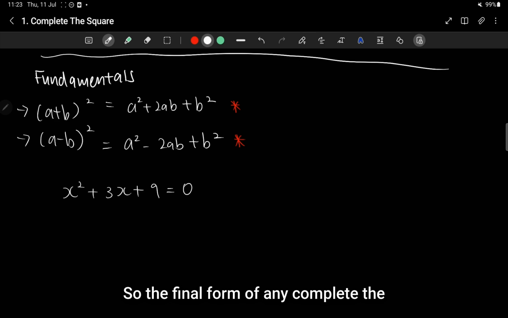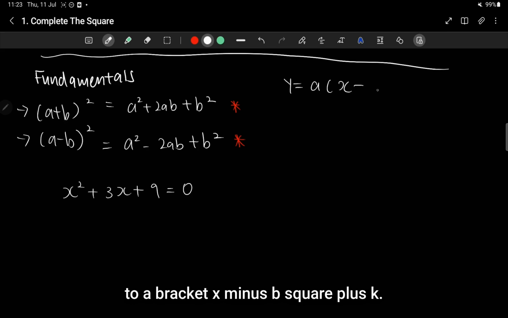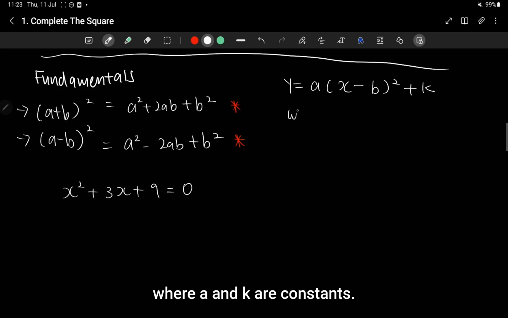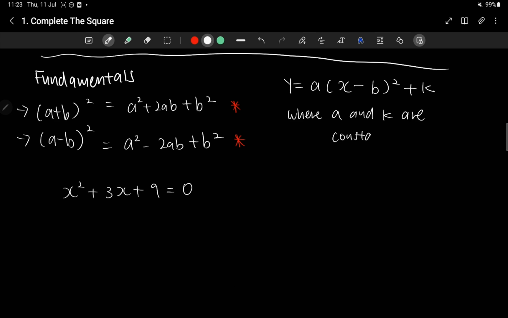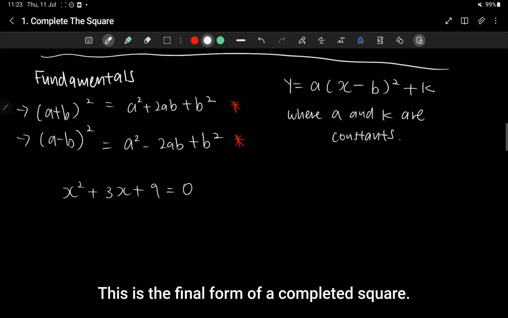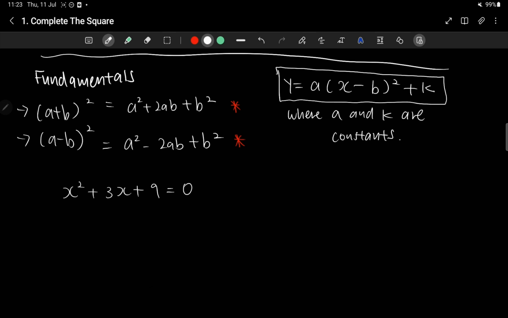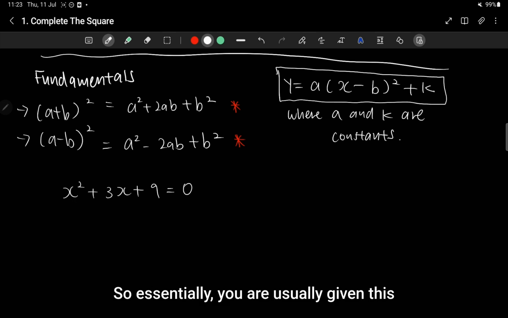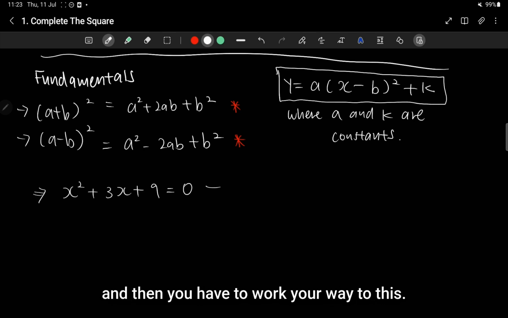So the final form of any completed square, right, is as such: y equals a(x minus b) squared plus k, where a and k are constants. This is the final form of a completed square. So essentially, you are usually given this, and then you have to work your way to this.